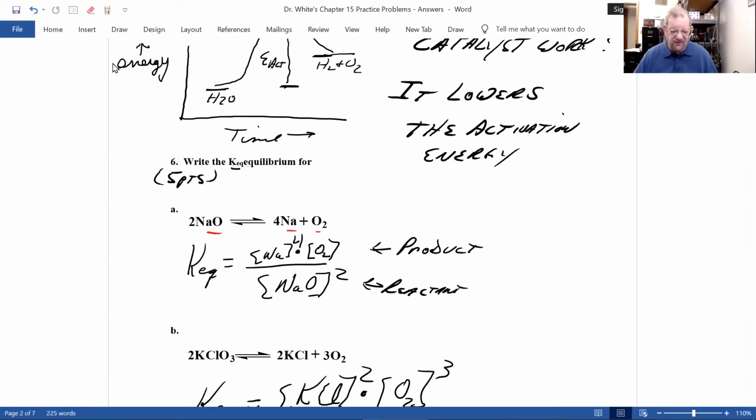In this case, there's only one. And notice I got it right because I'm not doing addition, I'm doing multiplication. So sodium, coefficient is 4, to the 4th power, times oxygen. When there's no coefficient, it's 1. We don't show it. Divided by sodium oxide to the 2nd power.